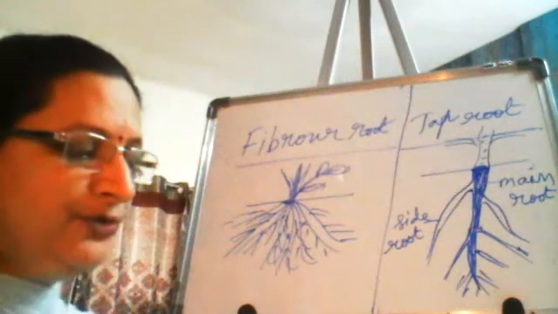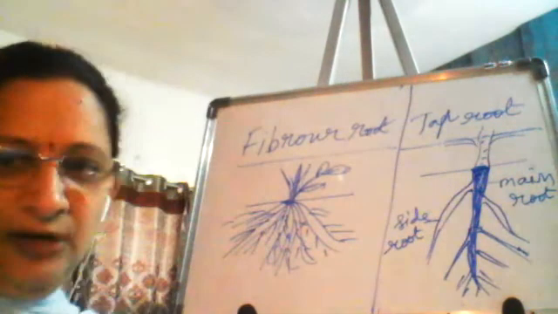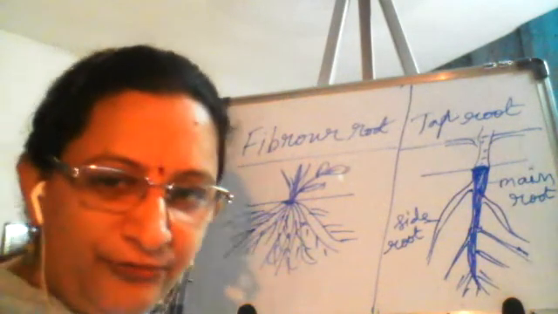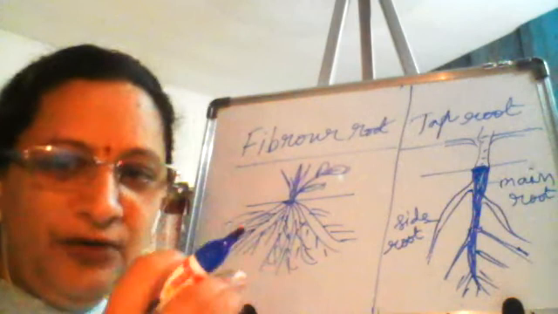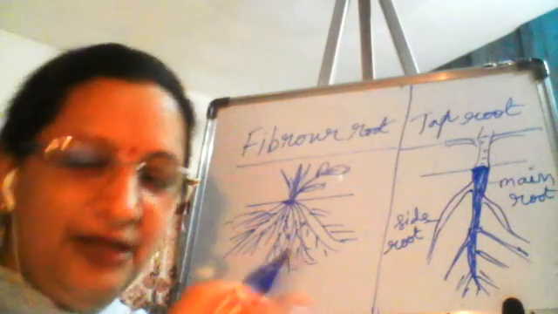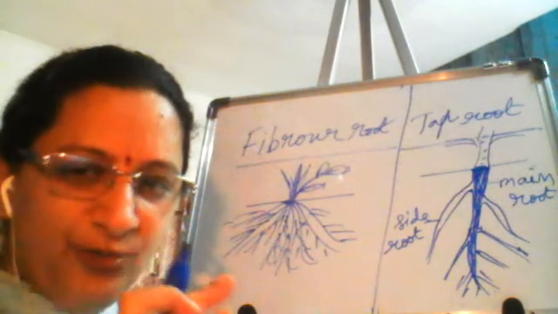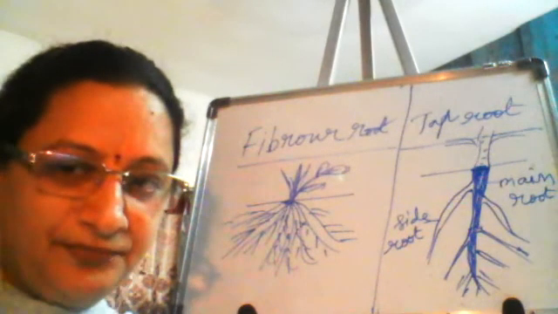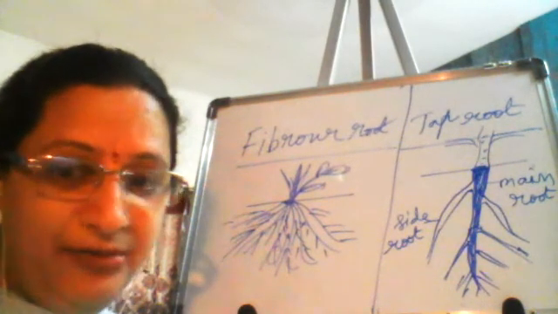Very good. So you can just observe a small plant which you are not growing in a pot or a farm or anything. You can just pull out a small grass plant or any other small flower plant. You can check the root system of a grass plant. They are like fibers.